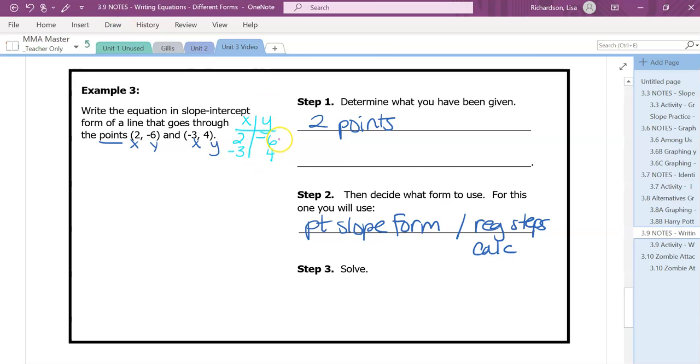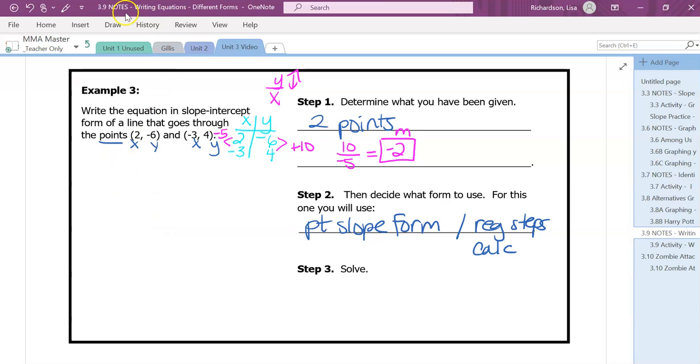I'm going to do the y first because if you recall with slope, y is on top. Okay, so how do I get from -6 to 4? I actually go up 10. And how do I get from 2 to -3? I go down 5. So 10 divided by -5 gives me a -2, and that is my slope, which is the letter M in the formula.